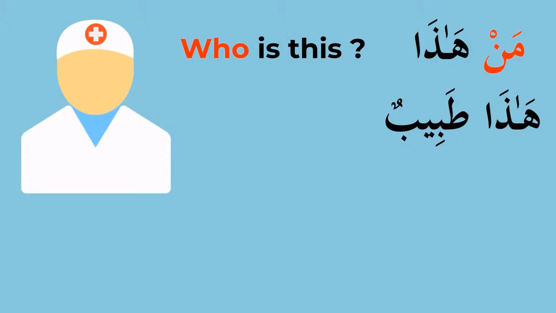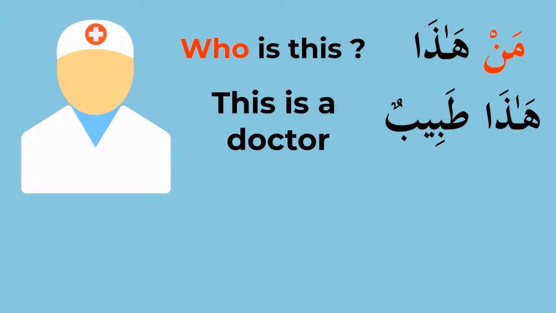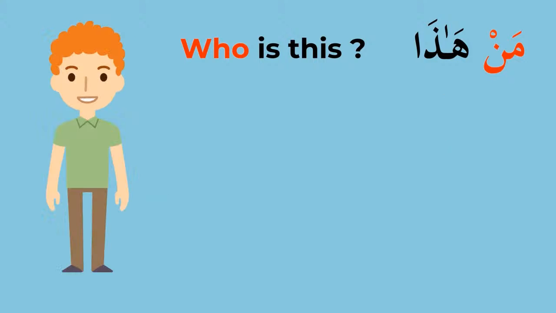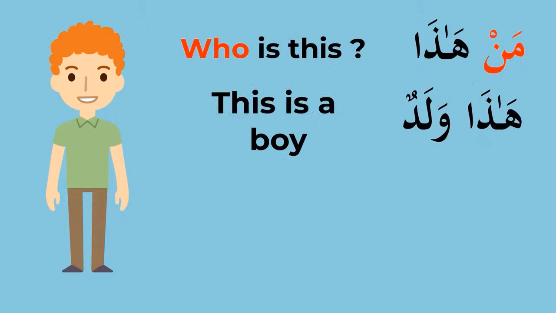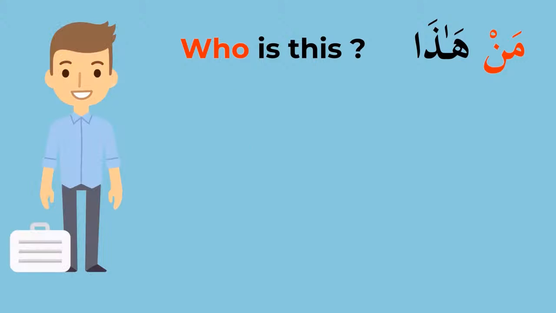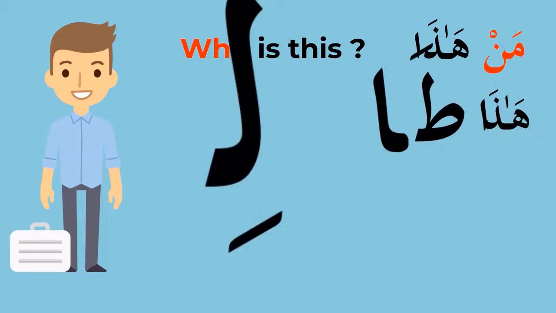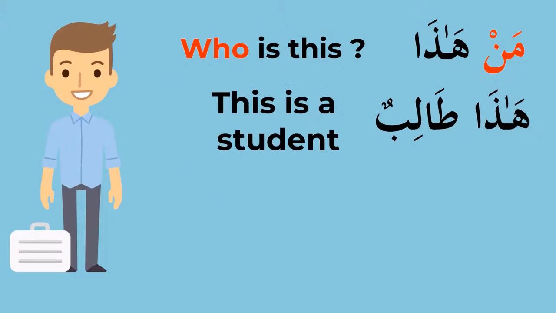What is the meaning of tabibun? Doctor. Got the idea? Man hadha. Hadha waladun. Got the idea, brothers and sisters? Then next one. Man hadha. He has his little school bag with him. Hadha talibun.